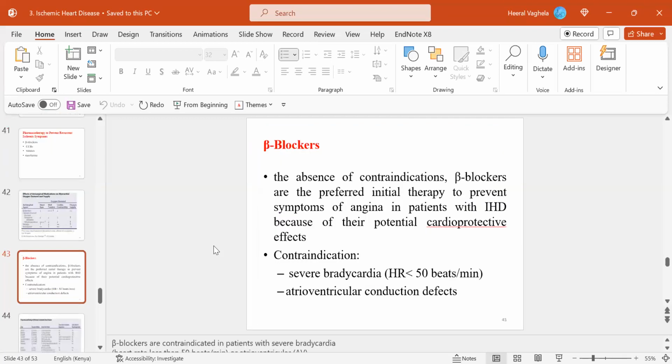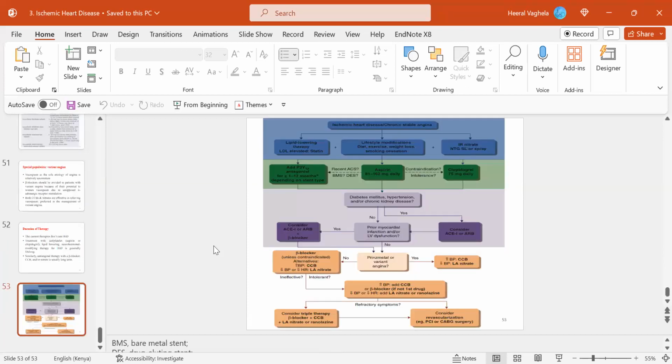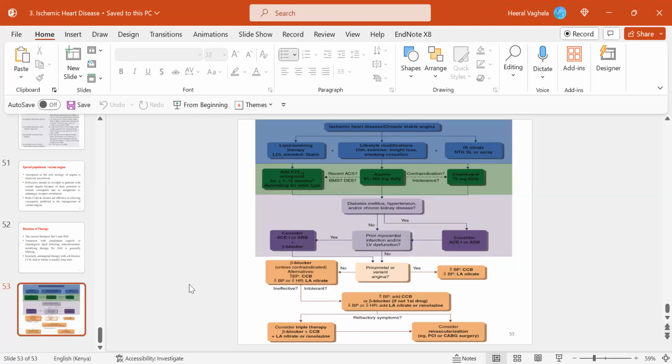So when you know that somebody has this, the first line would be lipid lowering therapy, those are your statins. Why?